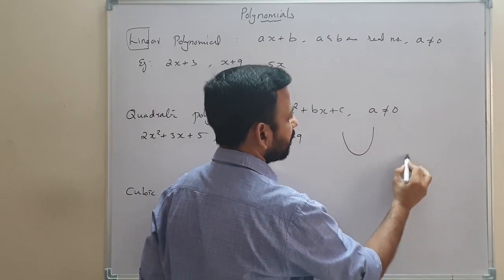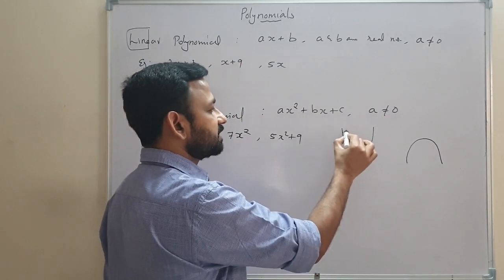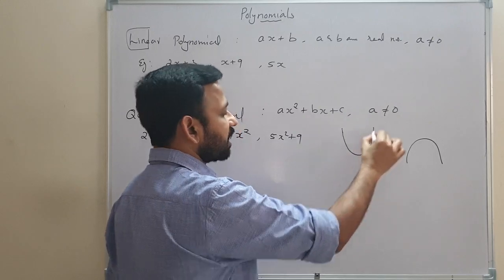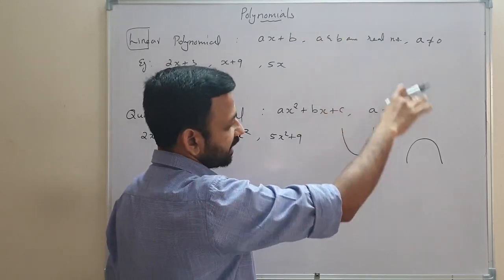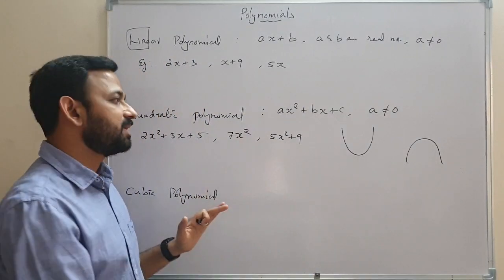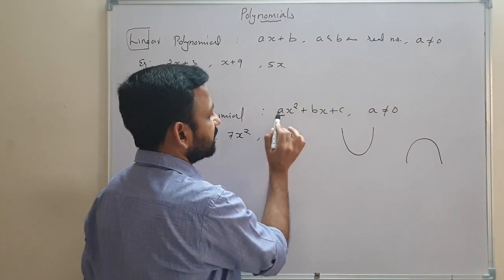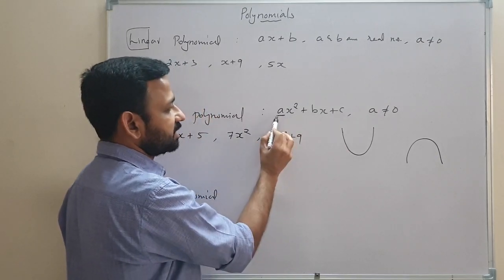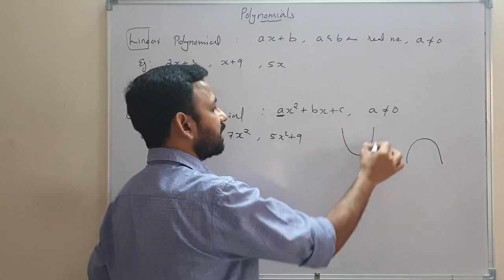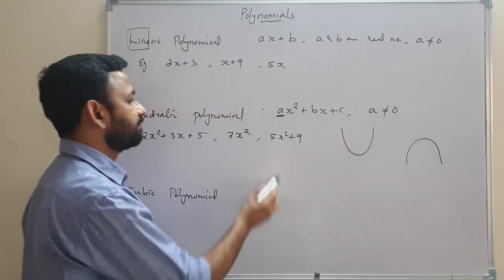In some quadratic polynomials, the parabola is opening upward, and in some cases it is opening downward. That depends on the coefficient of x square. If the coefficient of x square, that is a, is positive, then it opens upward, and if it is negative, it opens downward.